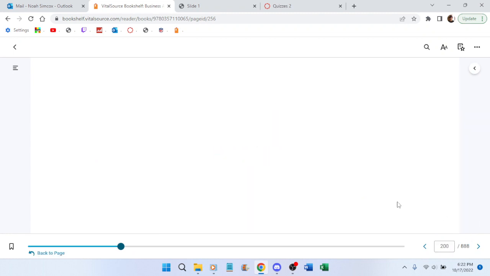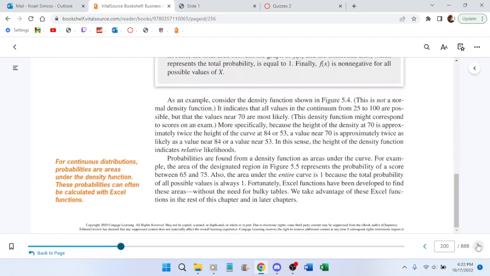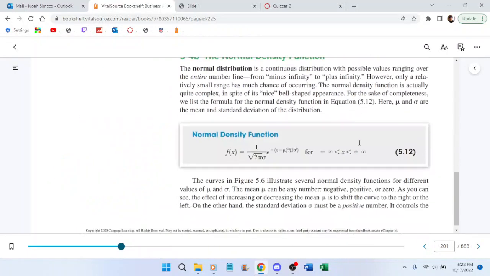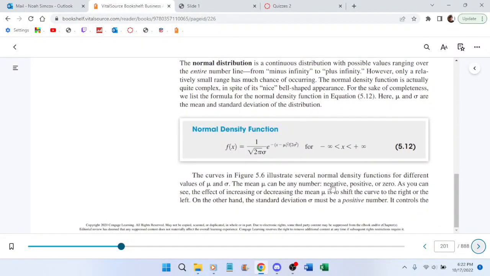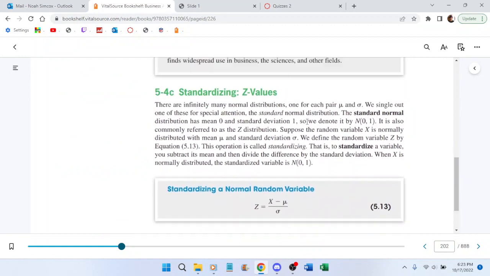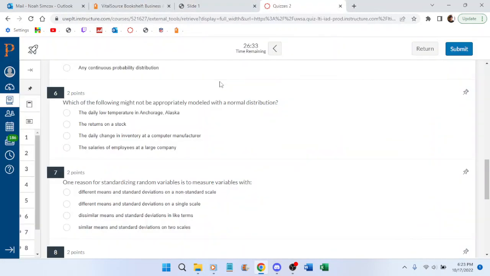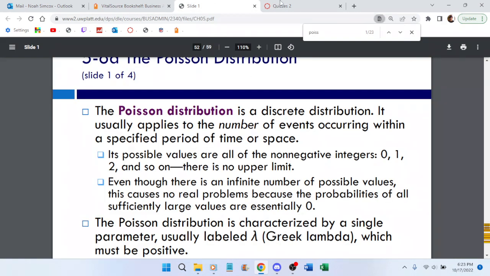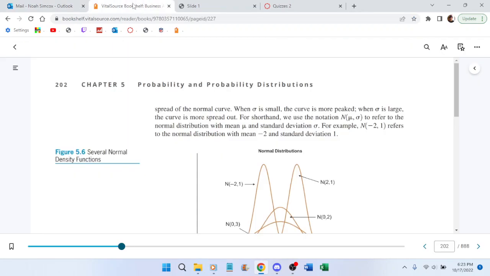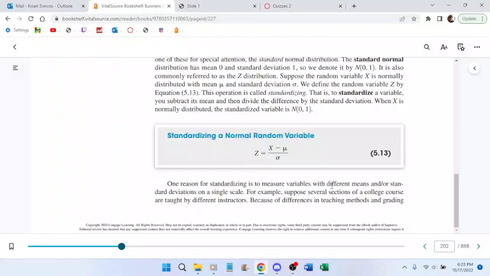Where do I find that? Like an example of normal distributions, and then please tell me examples of things that have normal distributions. Where am I supposed to find those? Man? They don't even have it.